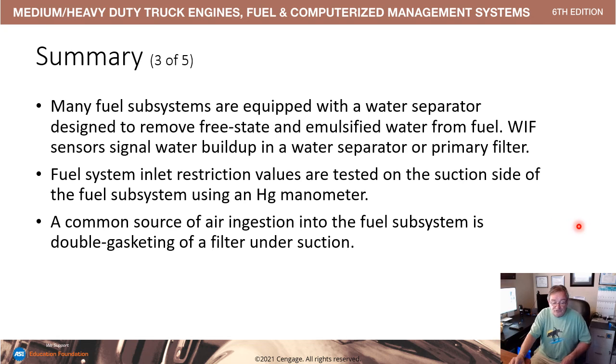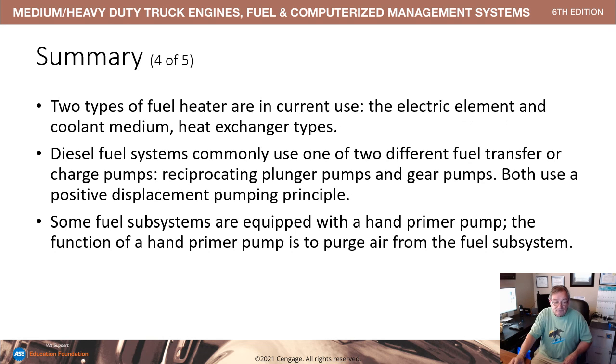A common source of air ingestion in a fuel subsystem is double gasketing of a filter under suction, so the technician has to be careful that they remove all the gaskets and O-rings from the mounting flange that the fuel filter spins onto. Two types of fuel heaters are used: electric and heat exchanger types.